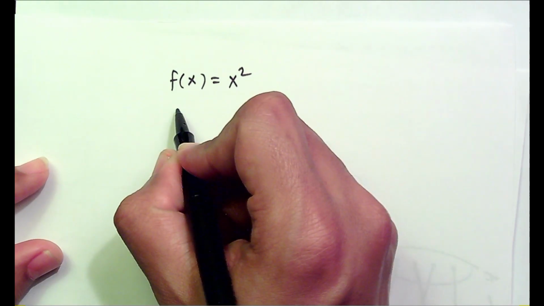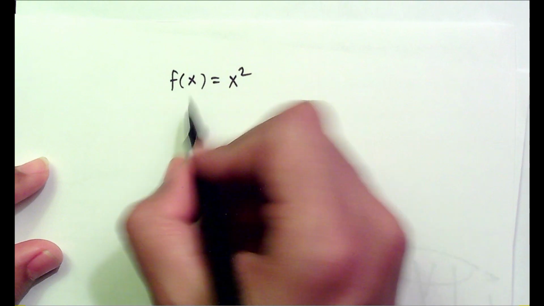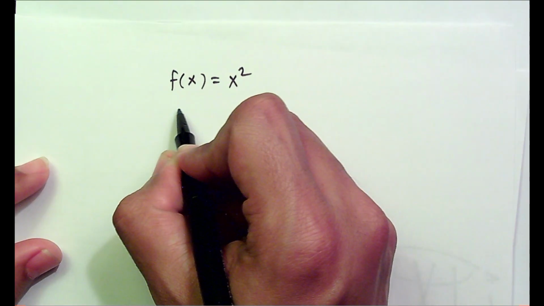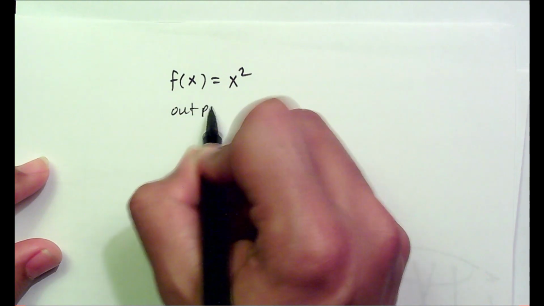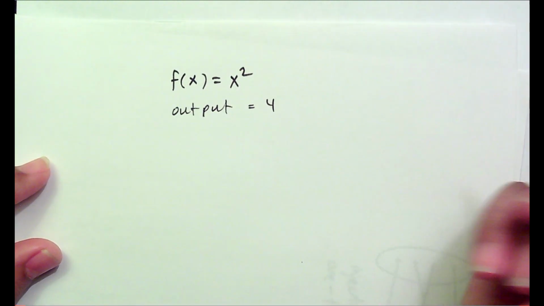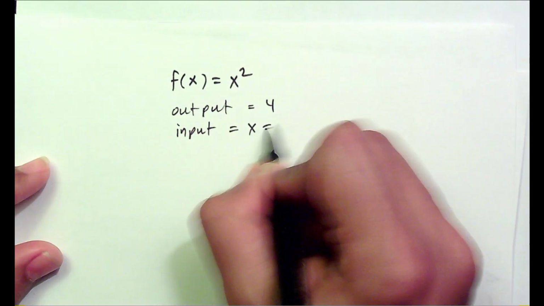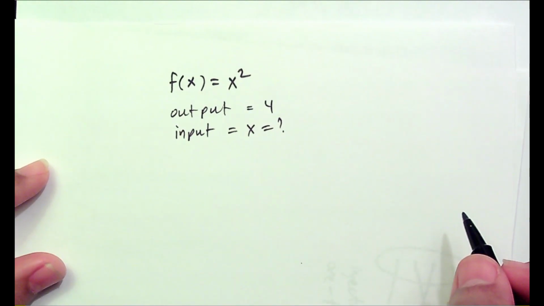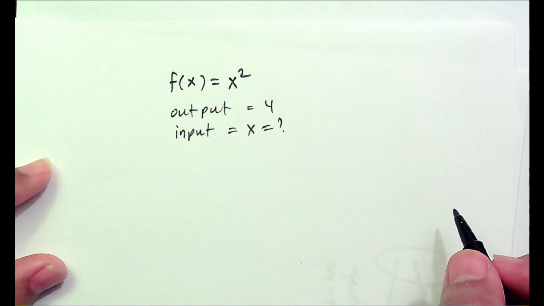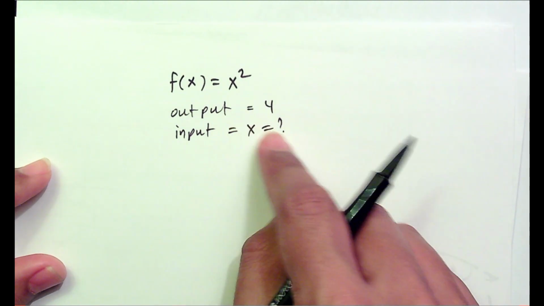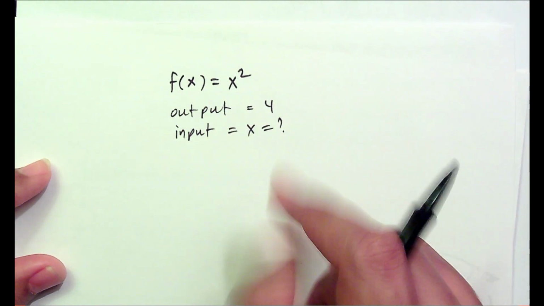If that is my function, and all I tell you is that the output is 4, can you tell me what was the original input? What was the number that I originally thought of to put in here to get 4?